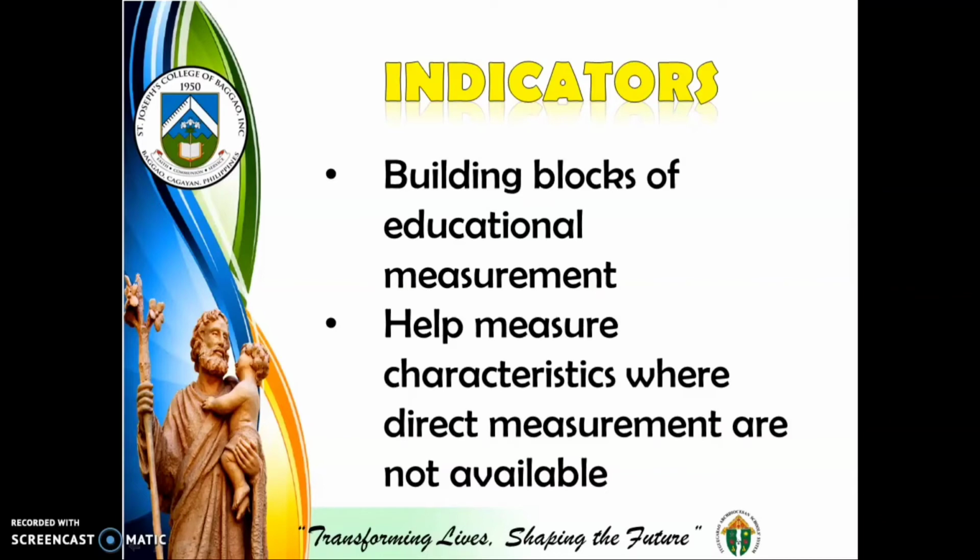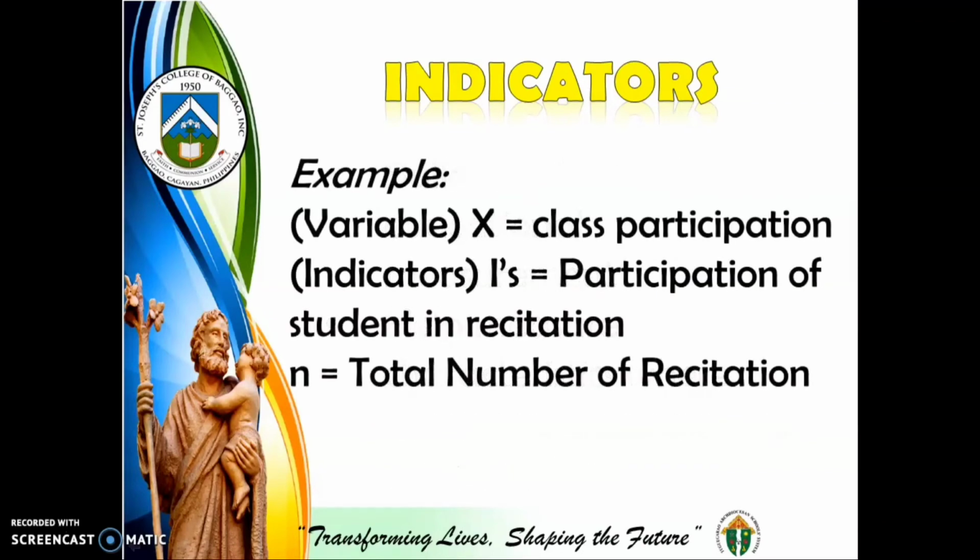An indicator, or I, denotes the presence or absence of a measured characteristic. For instance, for the variable class participation, we will represent it with capital letter X, as you can see on your screen. We can let the I's, or indicators, represent the participation of the student in recitation, and the total number of recitations as represented by small letter n.